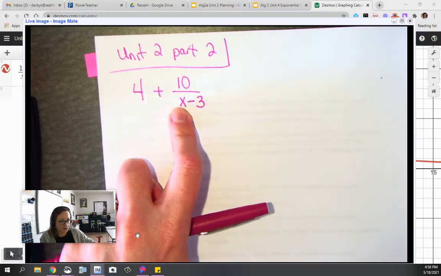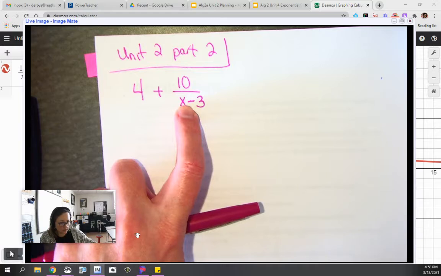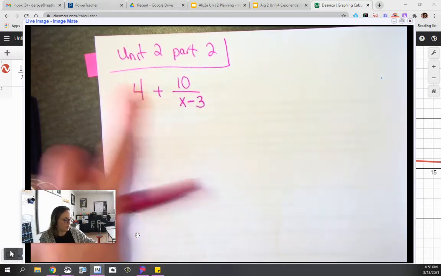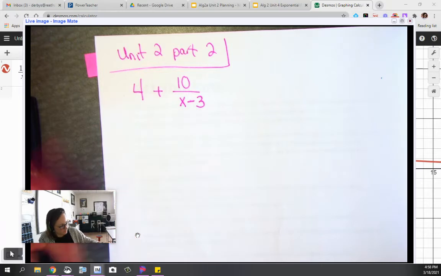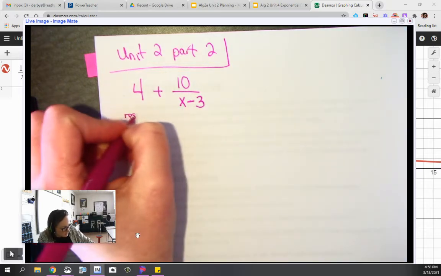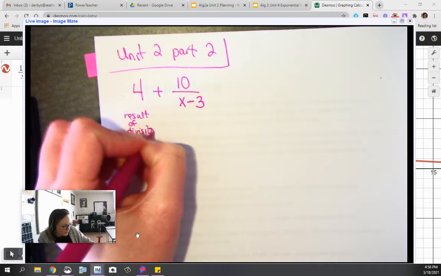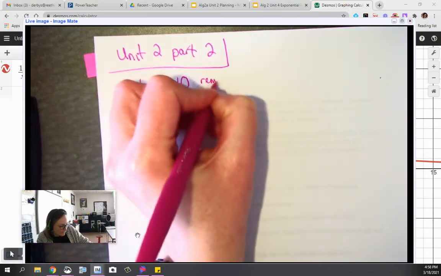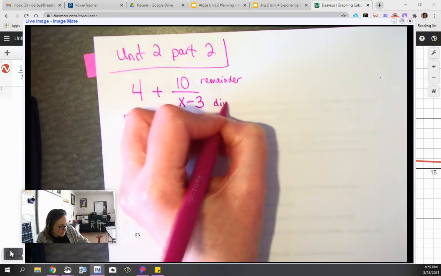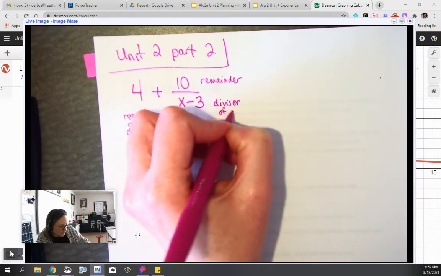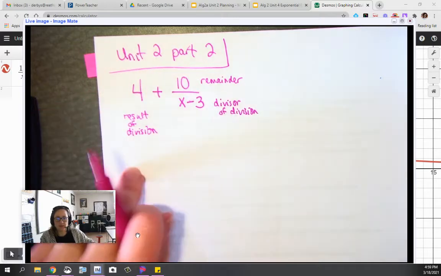Now this again should look familiar because this is how we've been writing the result of our division so far. We've been writing it with our result, our remainder, and our denominator. So these are kind of our three parts that we're looking at.